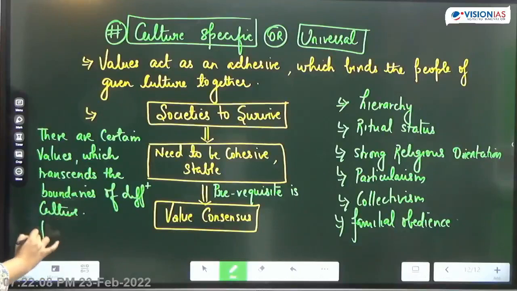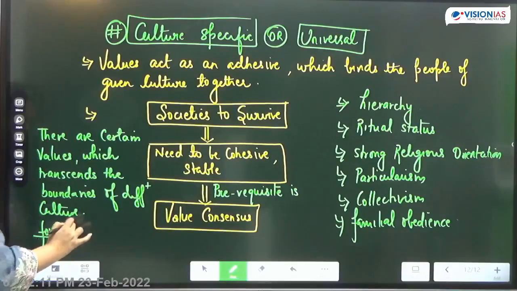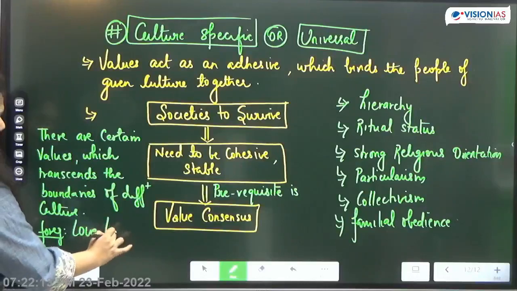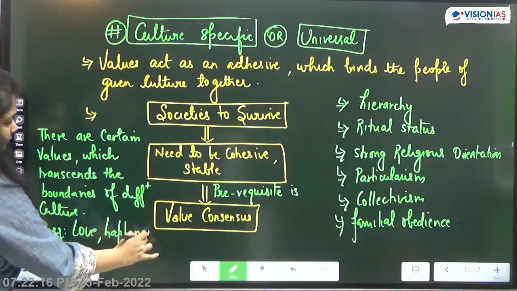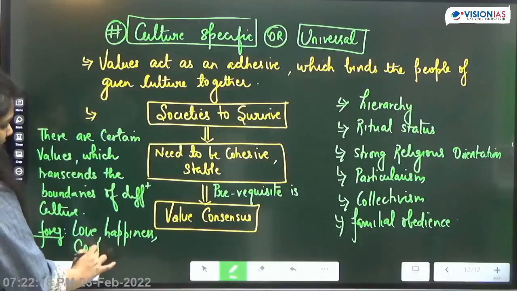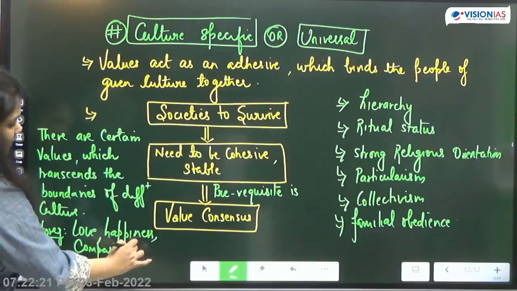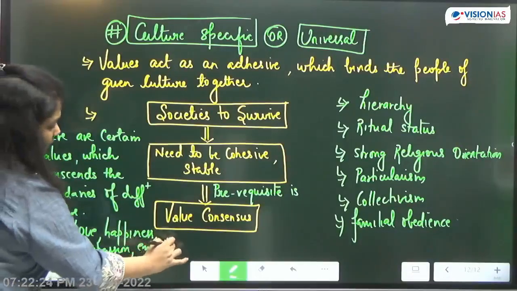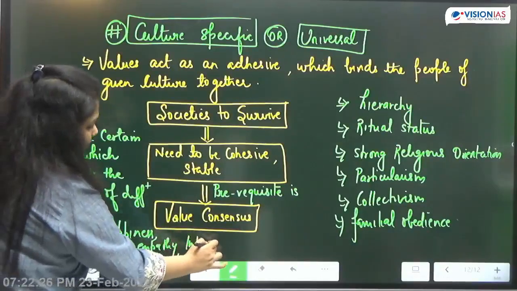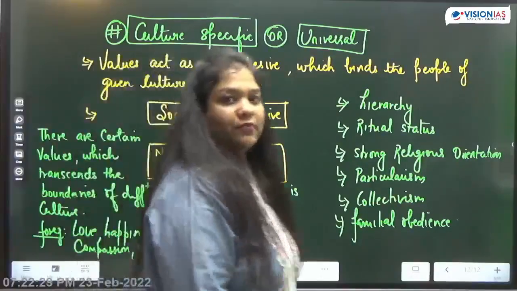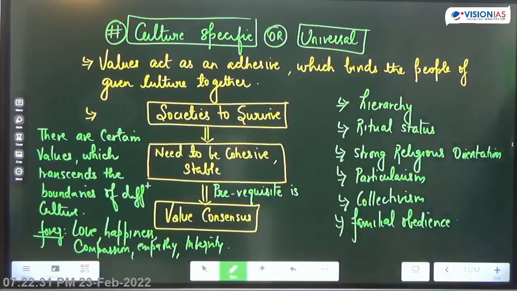For example, love, happiness, compassion, empathy, integrity. These are the values which are universal, and they transcend the boundaries of different cultures. However, there are certain values which are culture specific, and there are certain values which are universal.